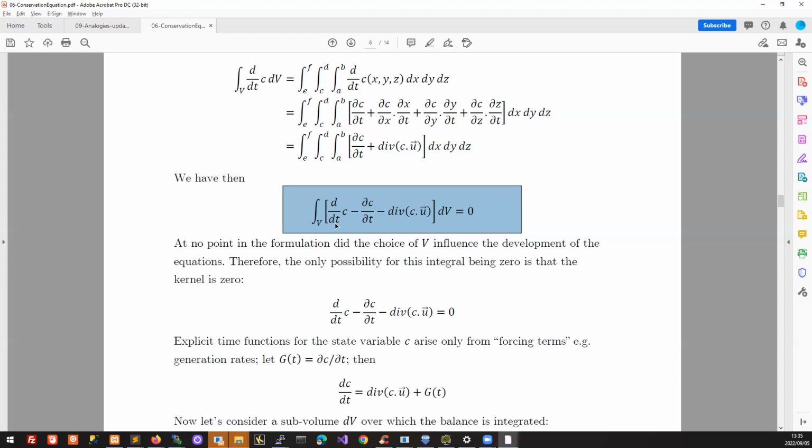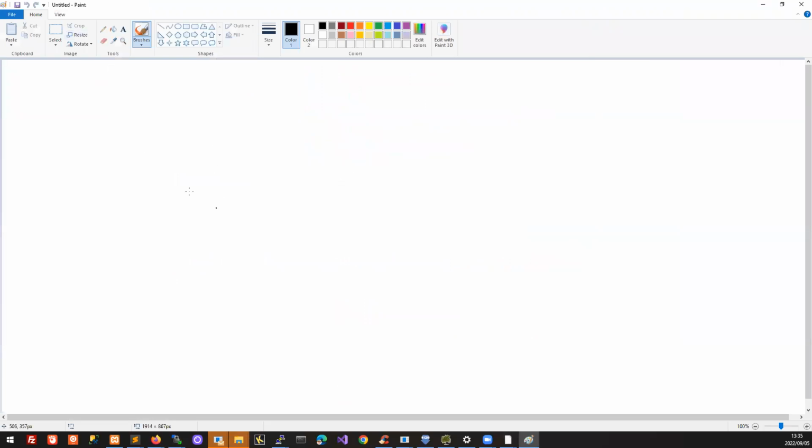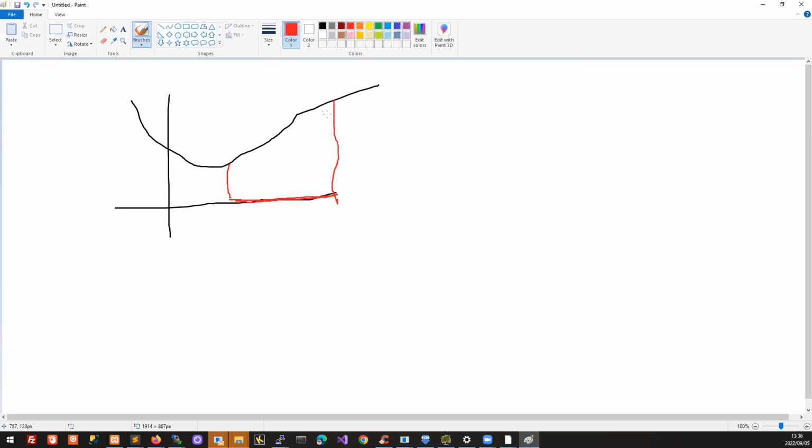So maybe a way to view this is if you have some arbitrary function here, and we are interested in the area under the function, and then we pick a boundary. So I integrate it and I get this area. And then I say, well, this is equal to 0.